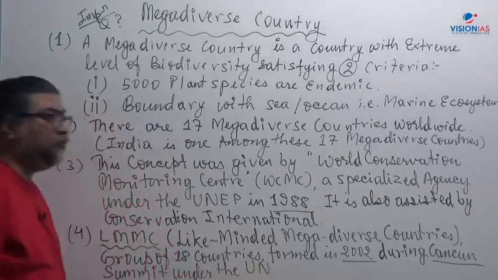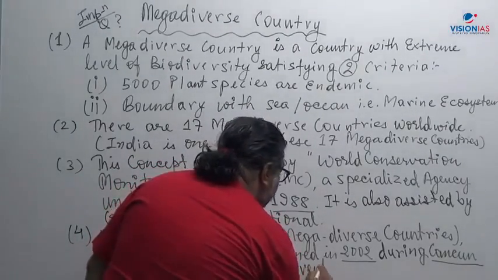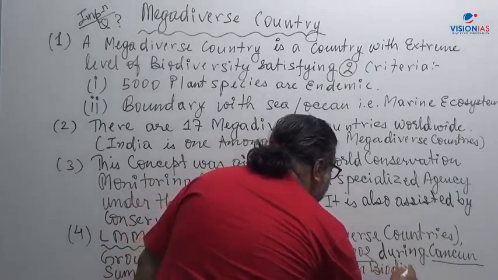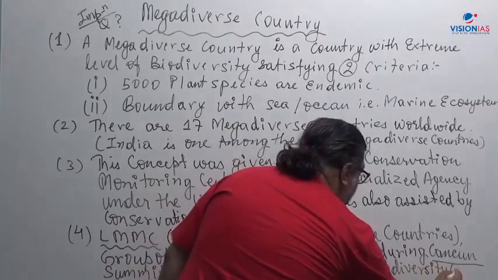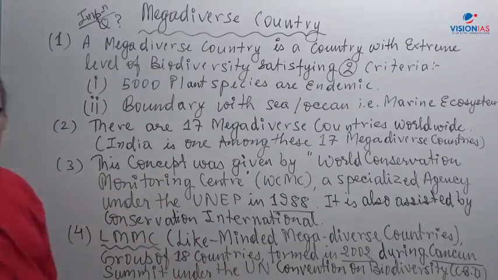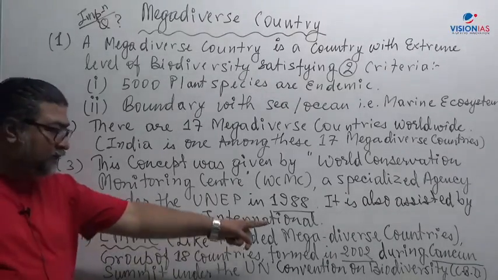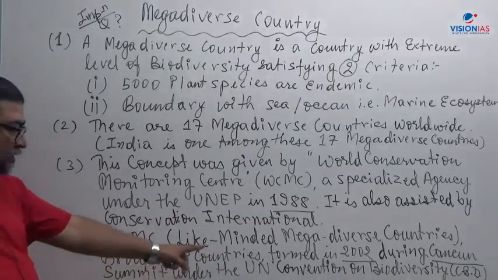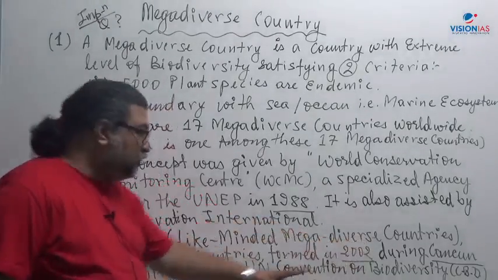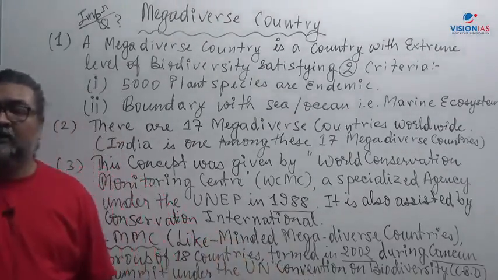The United Nations has a multilateral treaty called the Convention on Biological Diversity, CBD, which came at the Rio summit. So the fourth point: LMMC, like-minded mega diverse countries, is a group of 18 countries formed in 2002 during a conference organized in Cancun under the United Nations Convention on Biological Diversity.